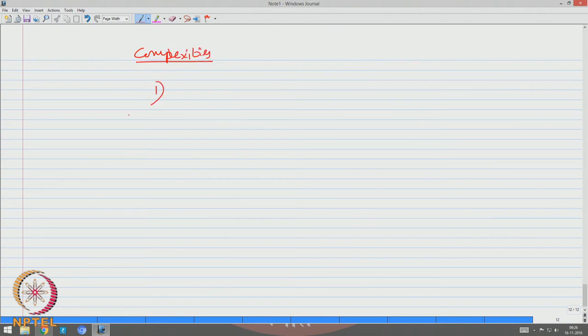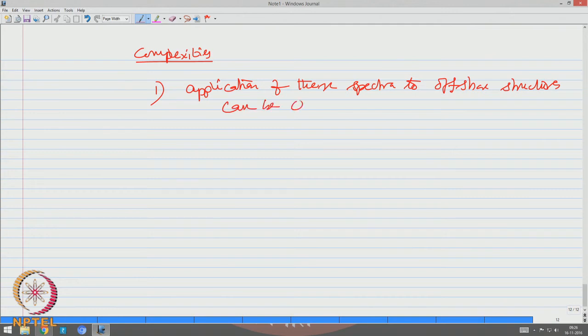What are those complexities? Application of these spectra to offshore structures can be questionable. That is the first thing we have.